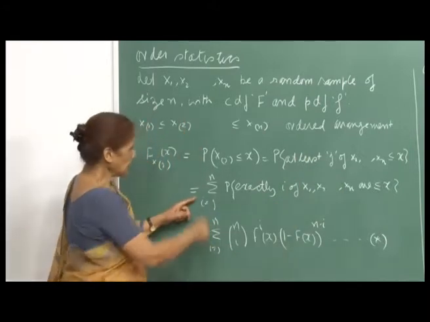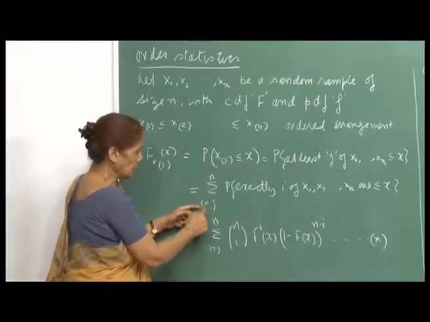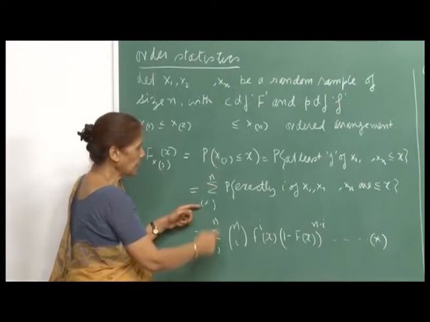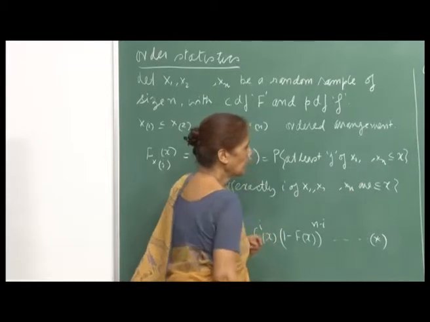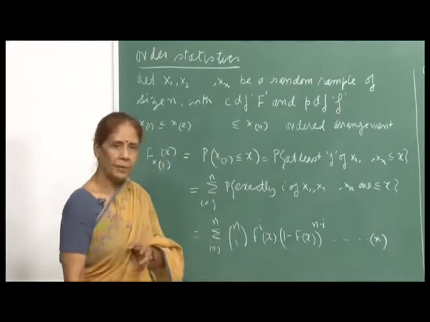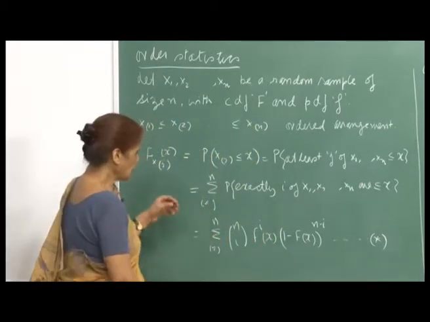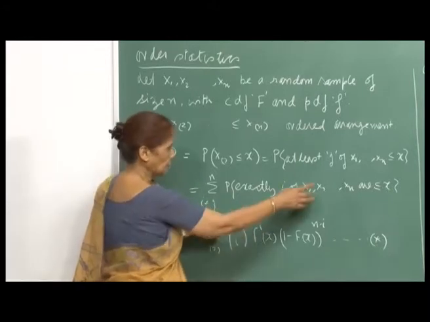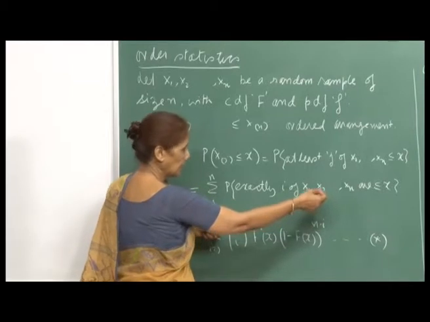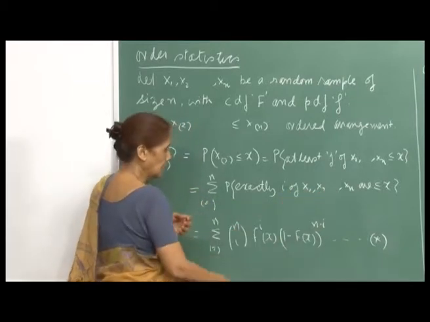Therefore, this probability can be written as the summation, i varying from j to n, of the probability that exactly i of X_1, X_2, ..., X_n are less than or equal to x. It should be clear, right. So I can write this probability as nCi, because out of the n you are choosing i, and any of the i can be less than or equal to x.